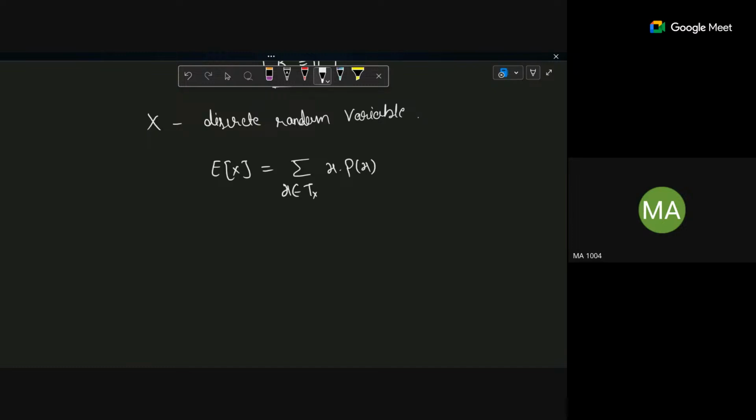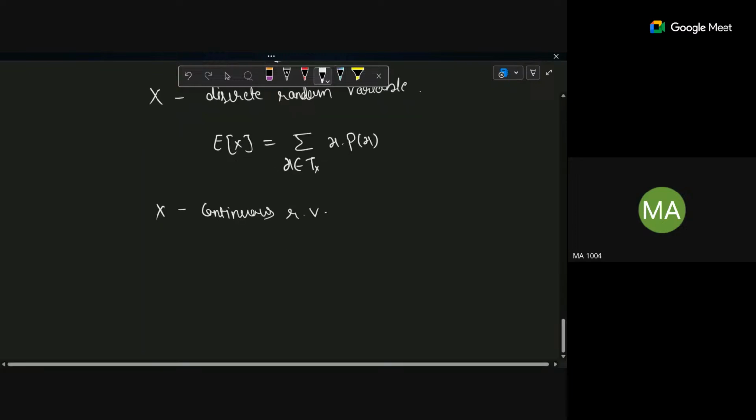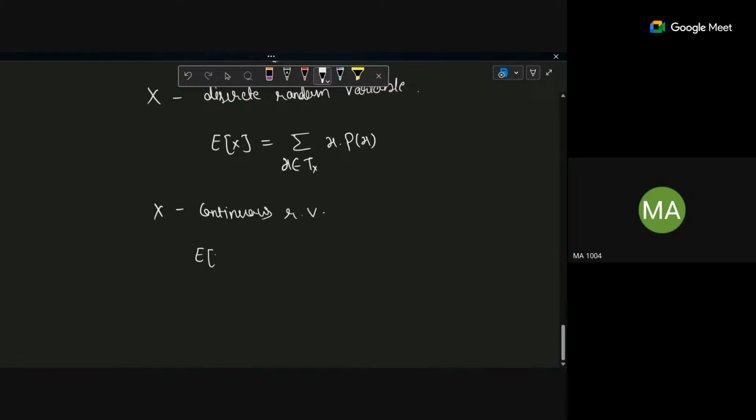Fine. So, once your x is a continuous random variable, at that time your expected value is nothing but the integral over the whole range of x into f of x dx. Okay.